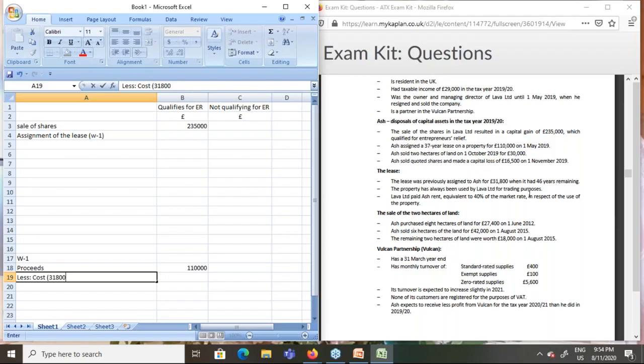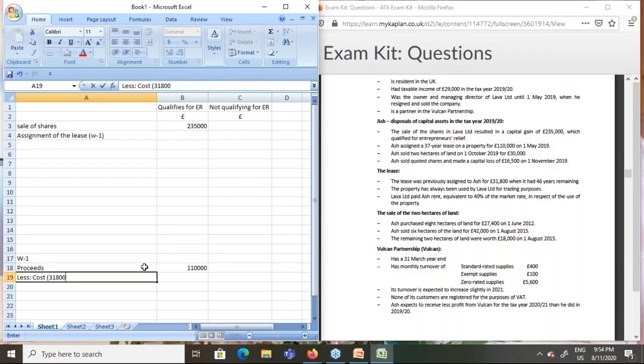You used it for 9 years and then you decided to assign the lease, transfer the lease, for 110,000 when it has a remaining lifespan of 37 years.